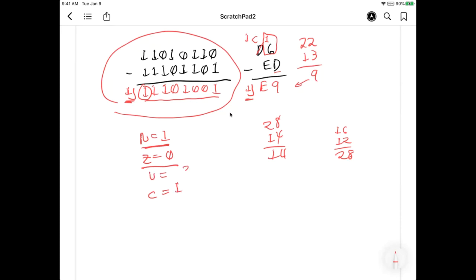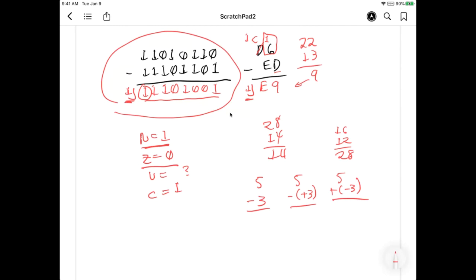But now we have to take a look at what this v bit is going to be. One of the things you want to consider is that in decimal, when you did this in public school, 5 subtract 3 could be written as 5 subtract positive 3 or 5 plus negative 3. So you can always turn a subtraction into an addition by adding the opposite value.